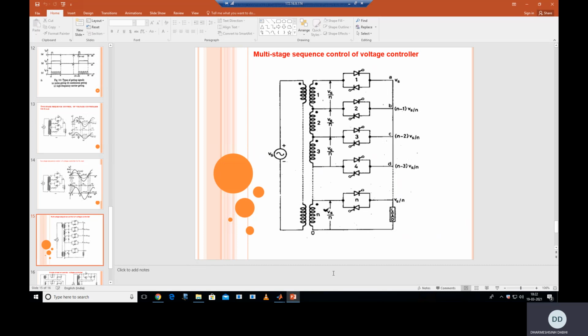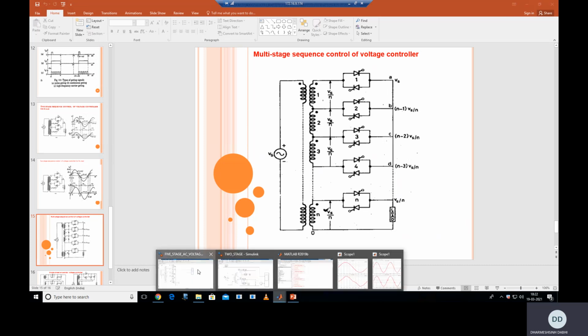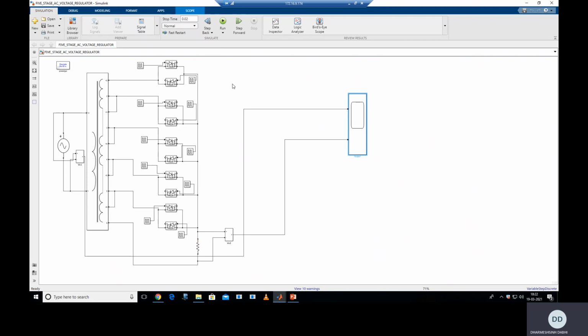Clear? So let's understand this principle by the simulation so you can get a clear idea about it. So here I already simulated this multi-stage sequence control of AC voltage controller, but here I take only 5 stages. You can take any number of stages. You can take 6 stages, 7 stages or 10 stages, whatever stages you require.